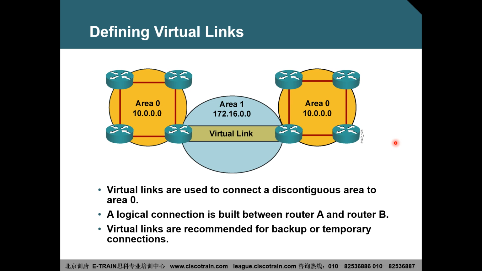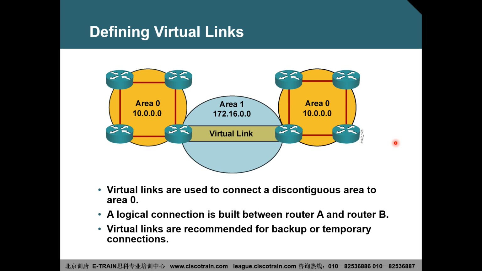I want to combine these two into one because it is one area 0. So what do we do? We put the virtual link in between these two border routers so that area 1 will not be visible. There will be a direct virtual connection between these two area 0 border routers so that they can merge as one area. Do you understand?